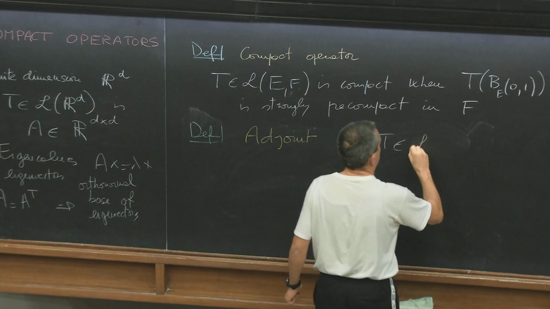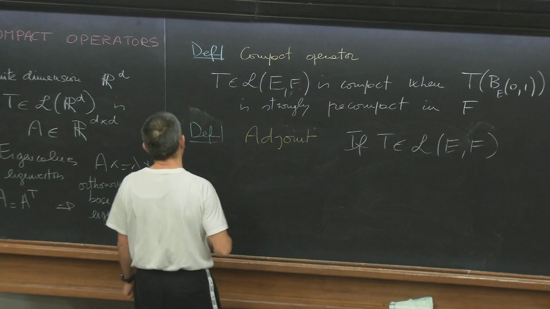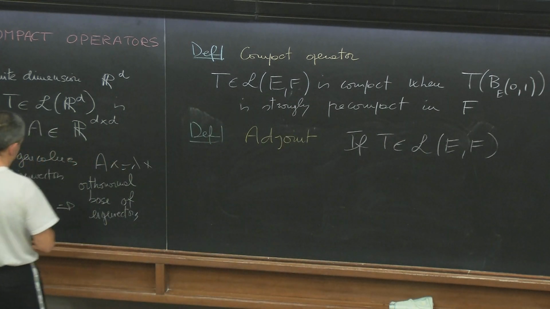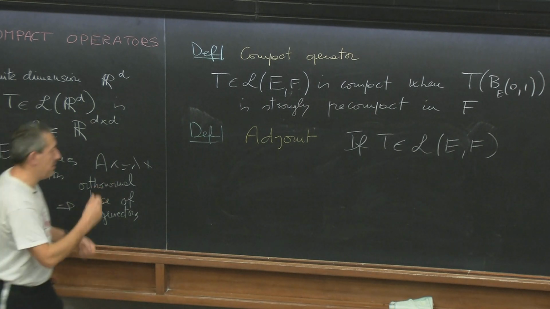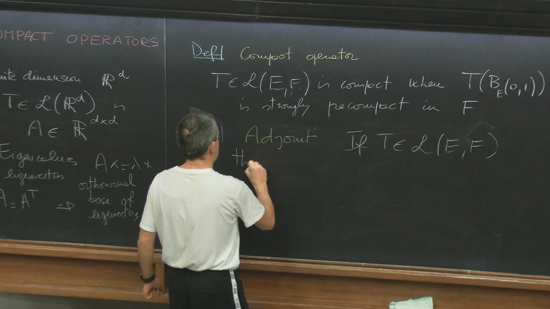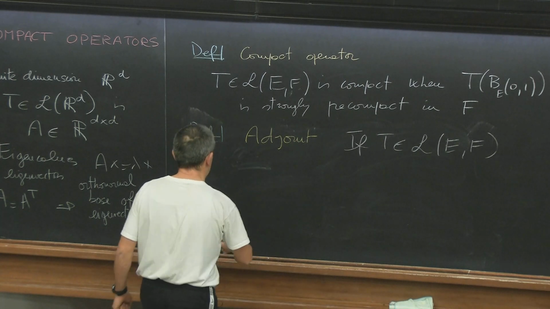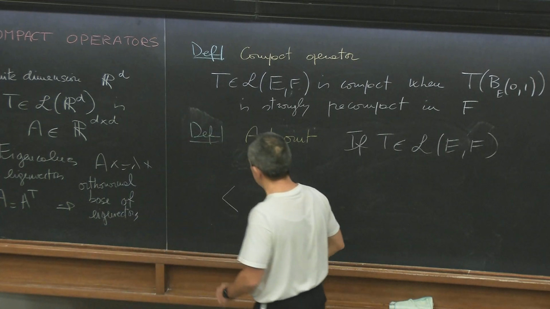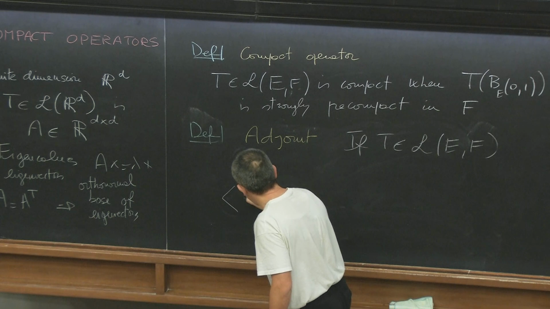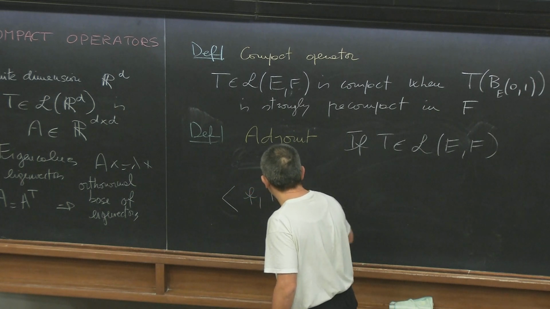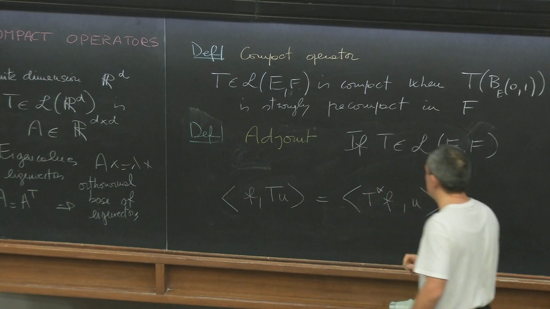So T is now a linear operator, and how do we define the adjoint? You recall that the adjoint has this property. Let me write the formula: if I have a functional f, then f of Tu is equal to T star f of u.